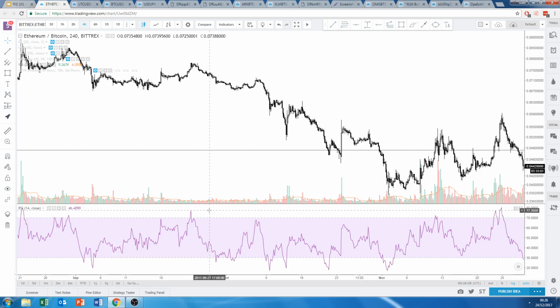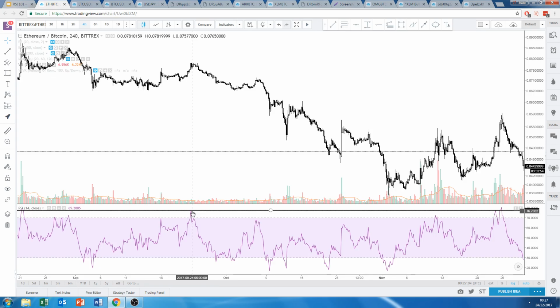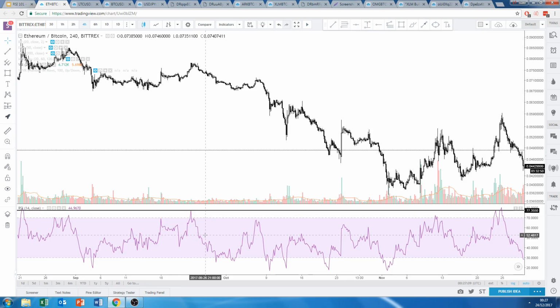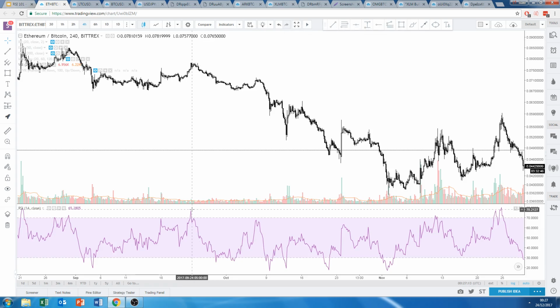RSI at this point is at 77, so the market is overbought. Now let's look at what happens when the RSI level goes from above 70 to below 70. It's telling you to short. If you line this up, this is your 70 level. You might want to short either here or here, depending on how early you get in. And then you catch this very nice ride down to here.